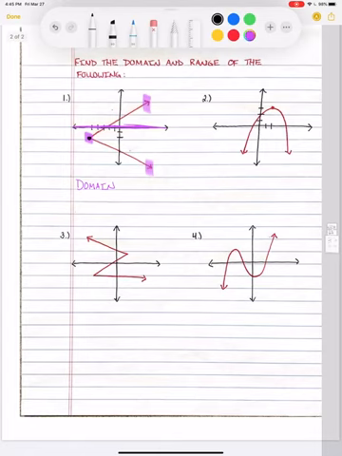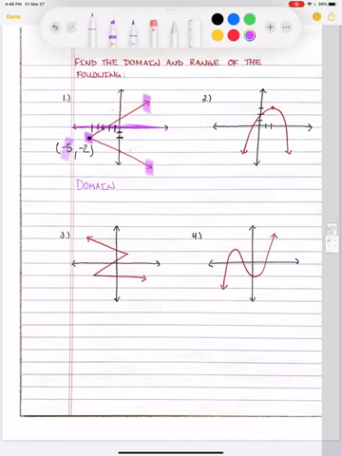If I look at the tick marks tell me where this dot is. On the x-axis, it's 1, 2, 3, 4, 5 to the right, so negative 5. On the y-axis, it's 1, 2, so negative 2. That's the coordinate for that dot, and I care about the x value for that domain.